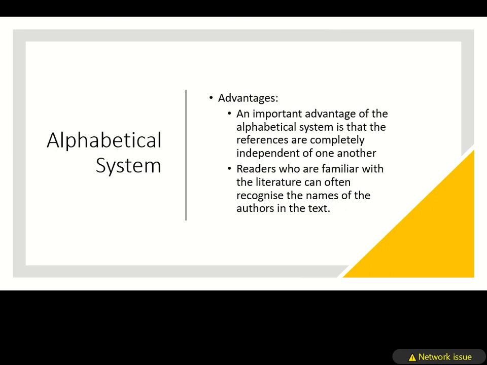So people who are familiar with the experts of the field can rely on your statements on the basis of the references you are showing. In the numerical system, I have to go to the list and see that this is from Stephen Hawking. But in the alphabetical system, I know with the statement that this is from that big guy.